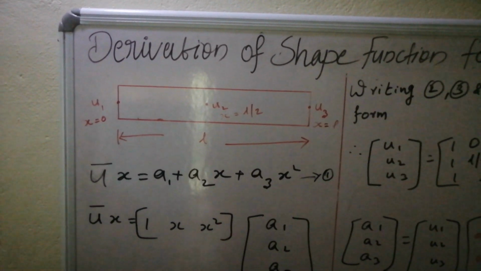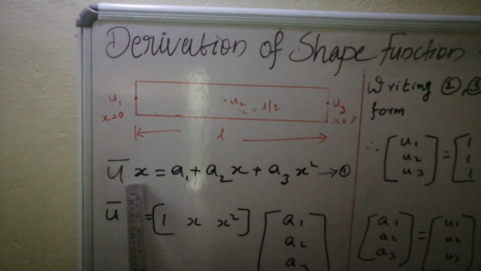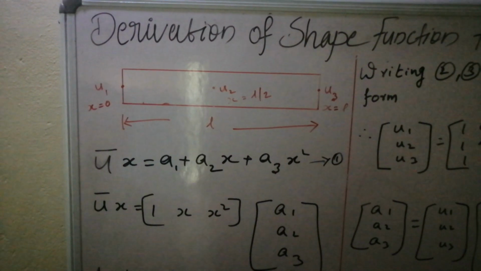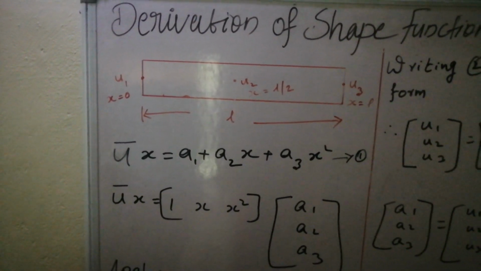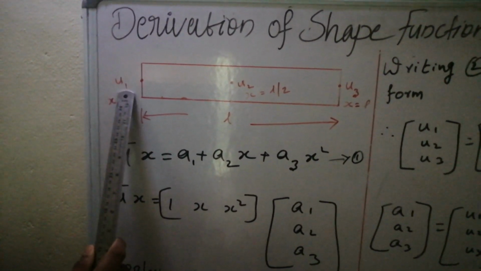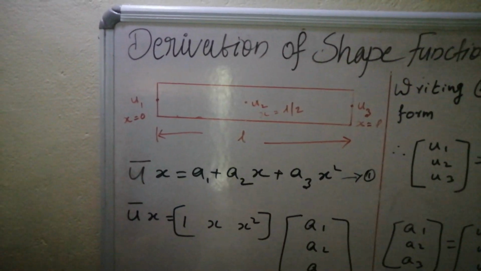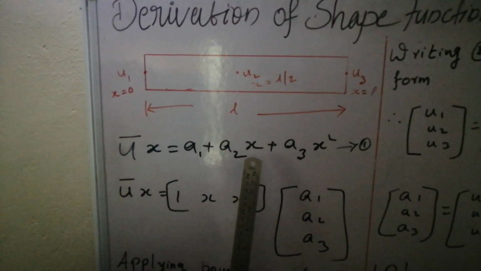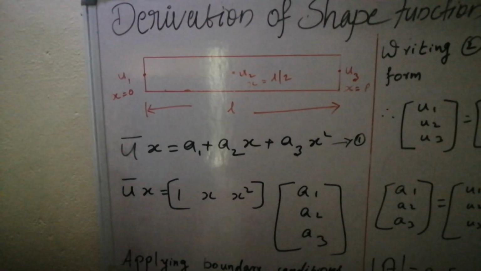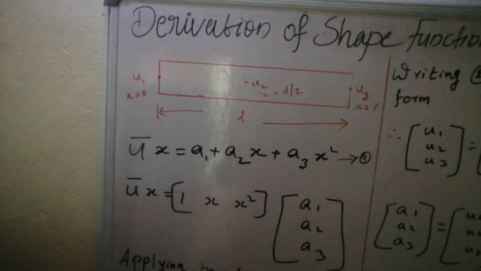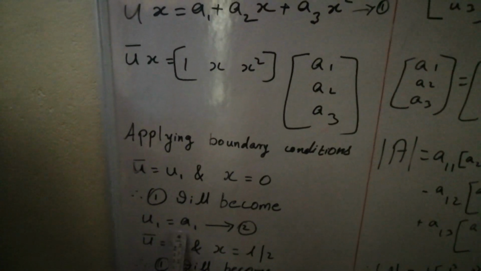Now we are going to apply these boundary conditions over this specific equation. Our first boundary condition is u bar x equal to u1 at x equal to 0. If we apply x equal to 0 in these terms, we get u1 equal to a1. That is our first condition.